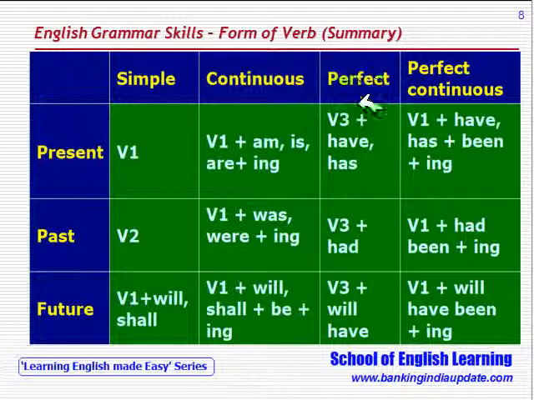In case of perfect, third form in all cases. So here with present, third form plus have or has. For past, third form plus had. For future, third form plus will have or shall have.